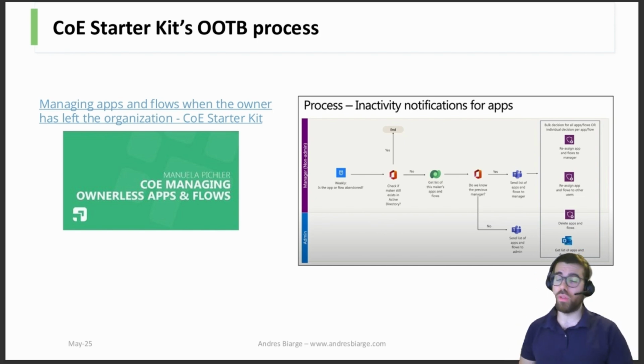Now, for me, the deficiencies of this process are, first, how hard it is to extend, because this is designed as a couple of big flows that do everything inside, not much modularity there, and also because it's using the Teams connection extensively.